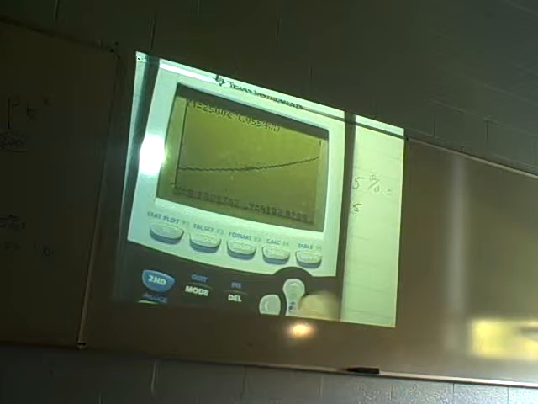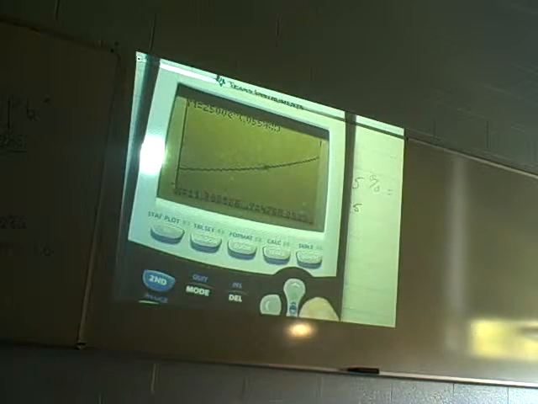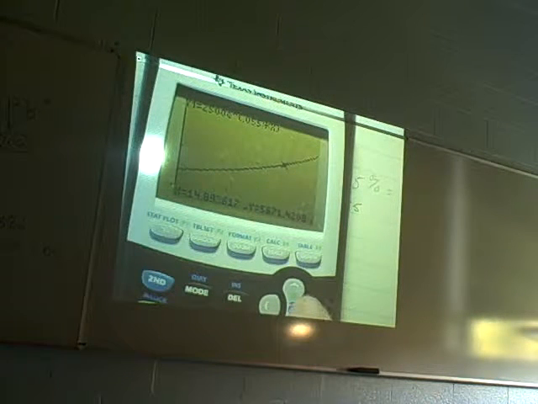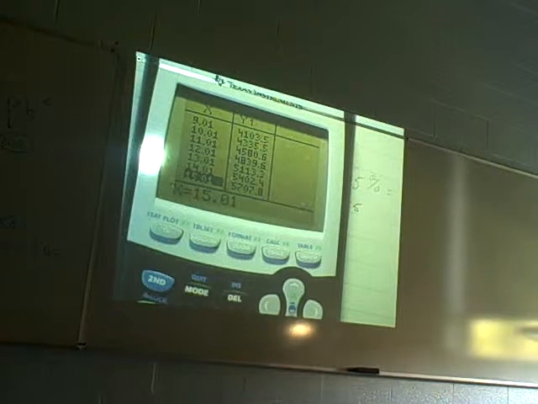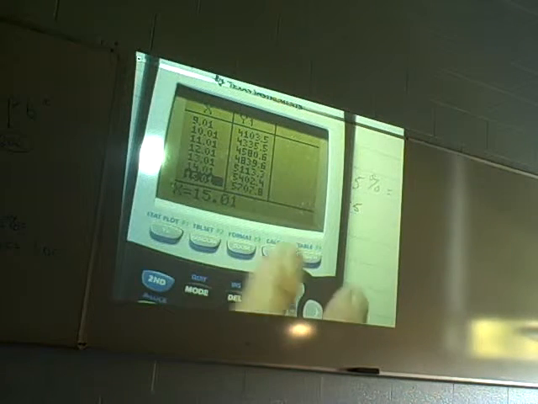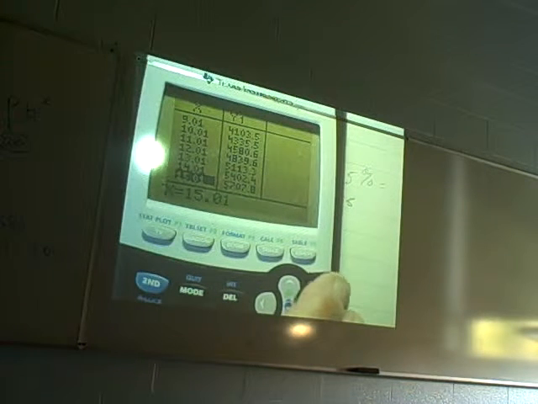I want to know when x is 15, how much money will she have in the bank? It will be approximately $5,738. I can also look at my table and see that when x is 15, I have about $5,707.